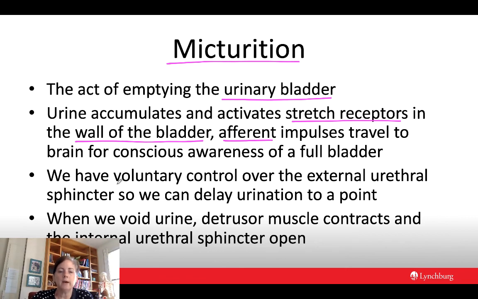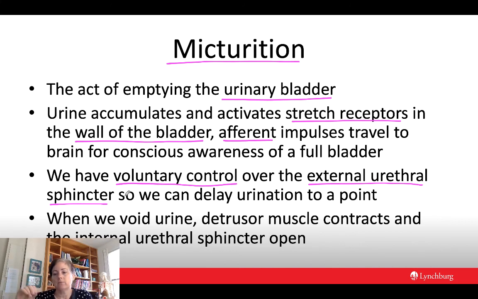So we do have voluntary control over this external urethral sphincter because it's skeletal muscle. So we can decide when it's a convenient time to go to the bathroom. And we're getting signals from autonomic nervous system, namely parasympathetic division, saying, okay, here's this information that we're getting. Your bladder is full.